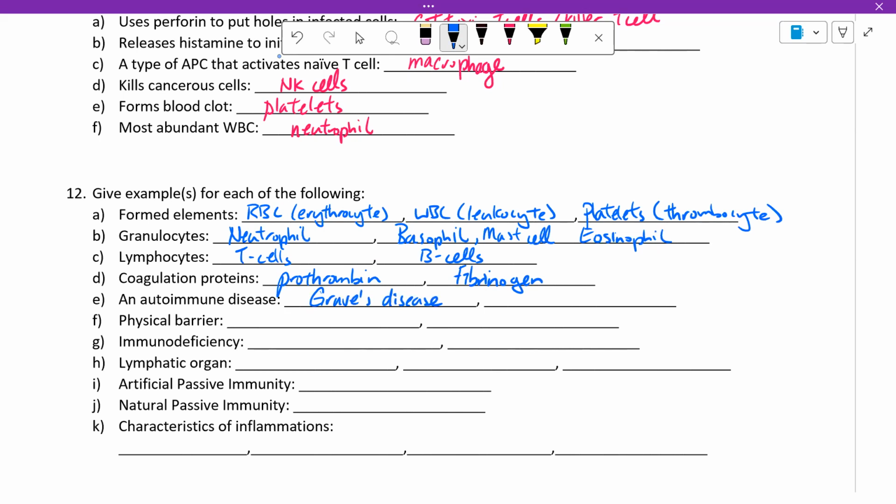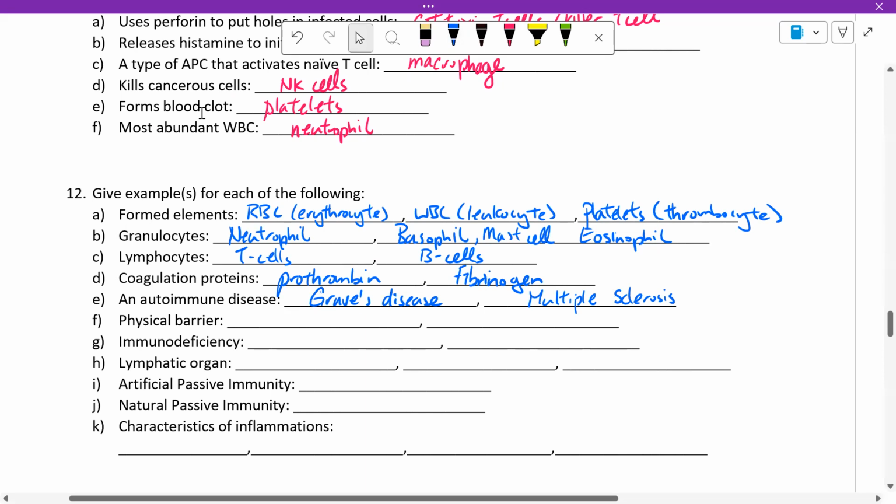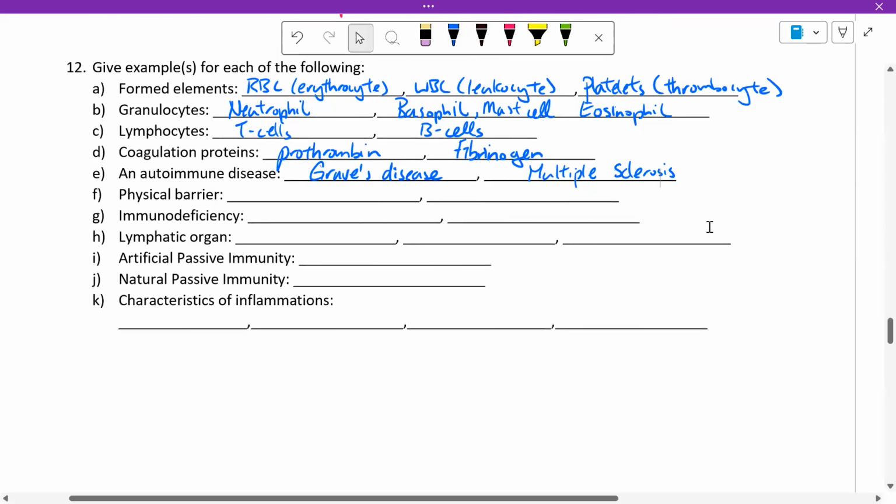And you can name any other ones, like multiple sclerosis. Did we read the other one in our class, multiple sclerosis? I think I talked about it briefly. I said this is when your T cell attacks your neurons, right?